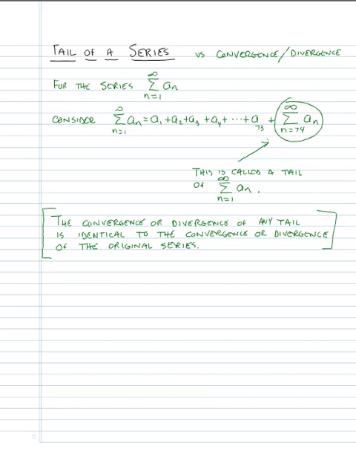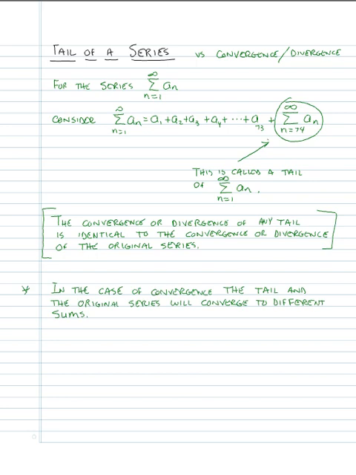Now, in the case of convergence, a tail will converge to a different number than the original series, because a tail is not adding up all of the numbers, it's adding an infinite number of them, leaving out a finite number. So we have to be a little bit careful in the interpretation of this. Let me write one more thing.